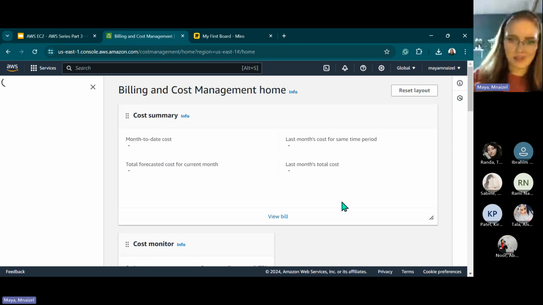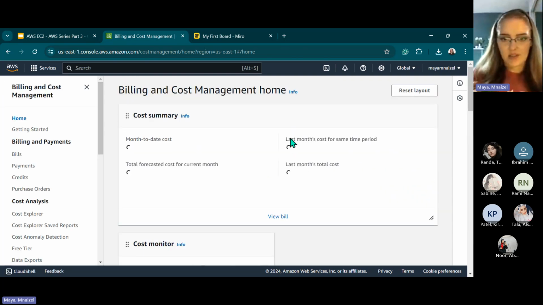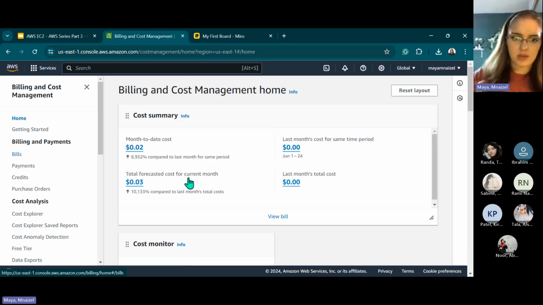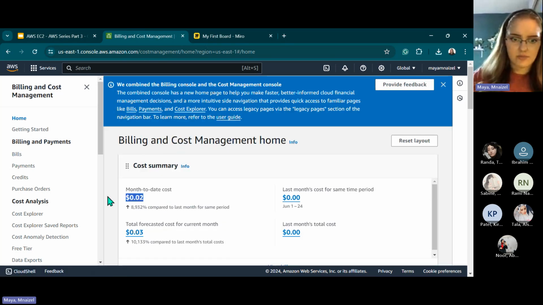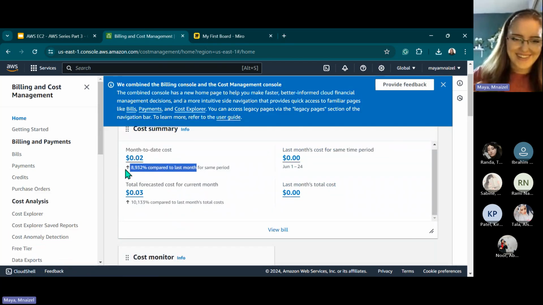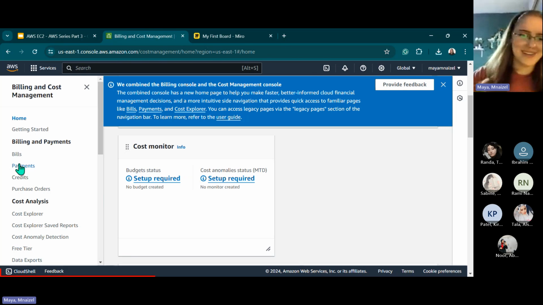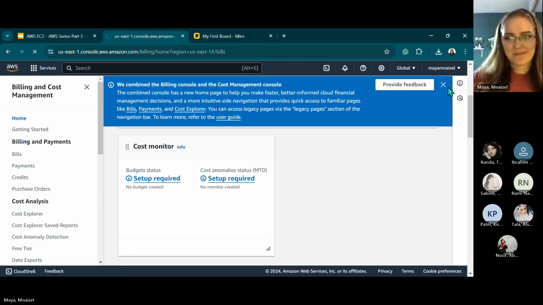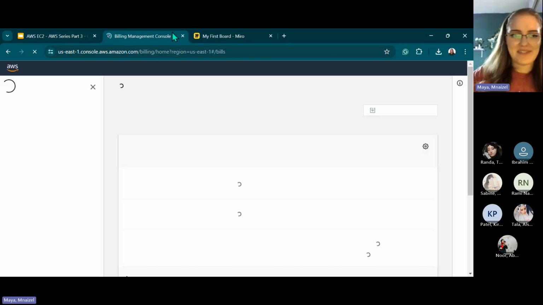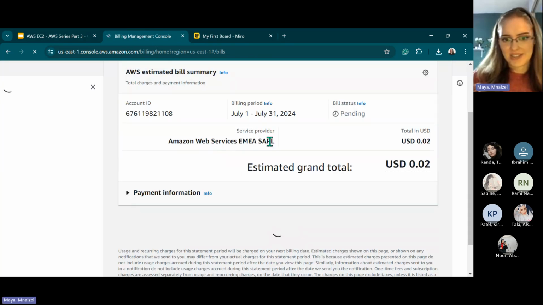Here we can see live costs and everything. Approximately, why is it 9,000% higher? That's weird. Okay, here we can see our bill, and everything we need, literally everything we need.